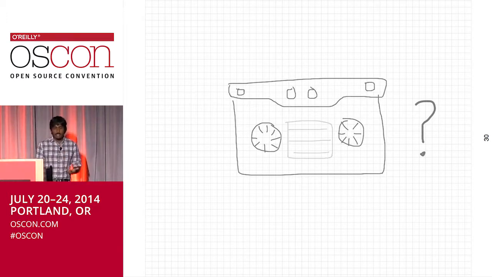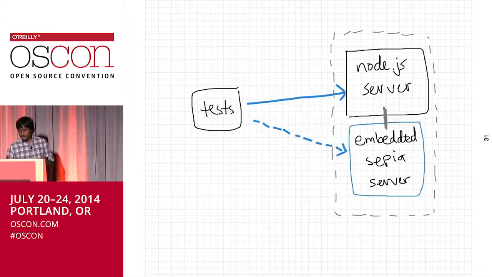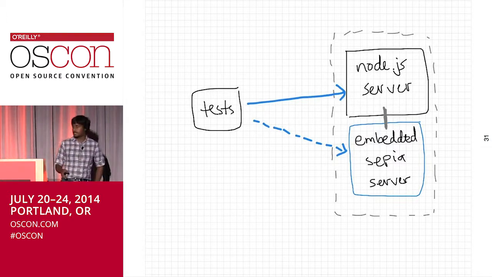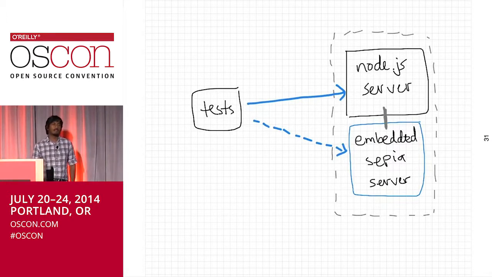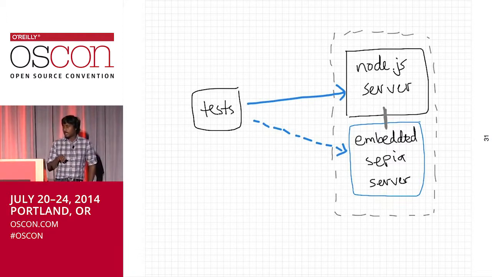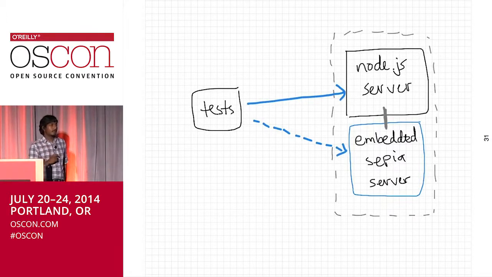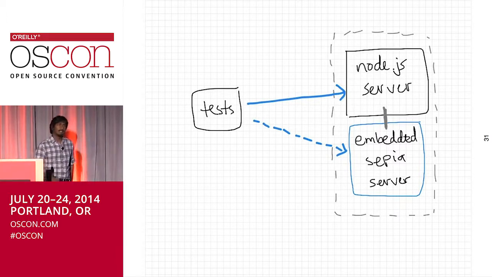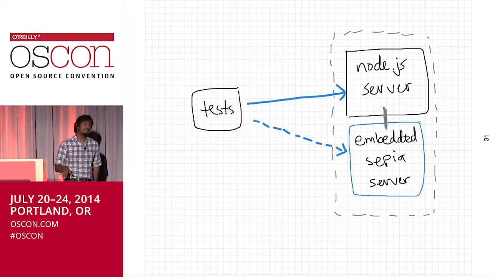Well, I had one idea. This is one where we had to make some trade-offs. But I decided that when you import Sepia, it would start up a little server of its own on a different port. And this server would be running in the same process as the Node.js server and could affect global state. In particular, whatever was running the test would make a call at the beginning of the test to change the test name, or say that a test is beginning, and at the end to say that that test had ended.